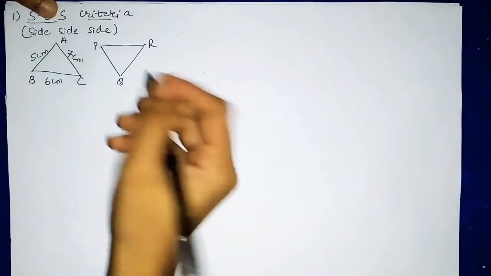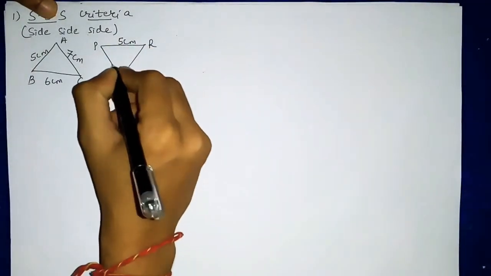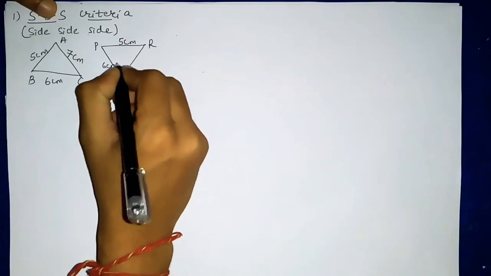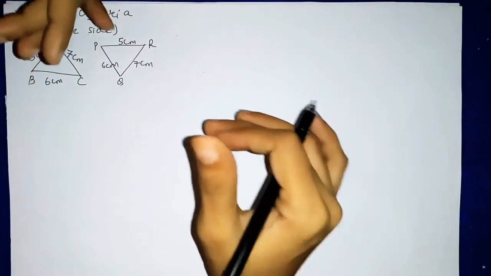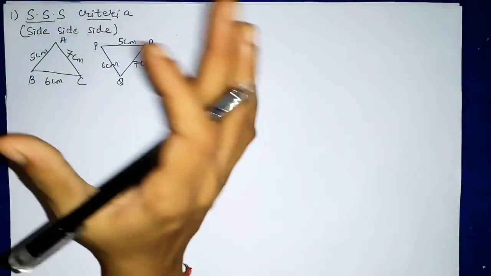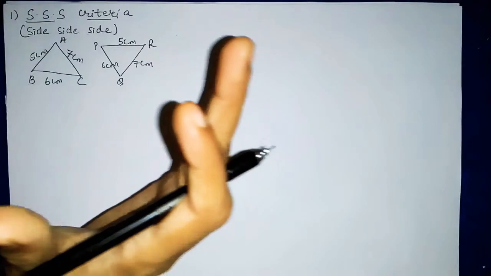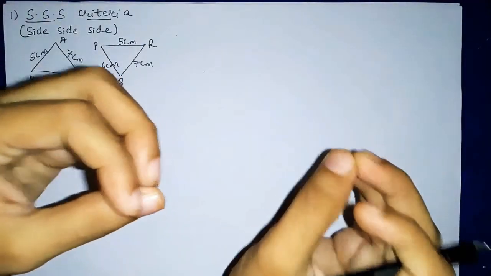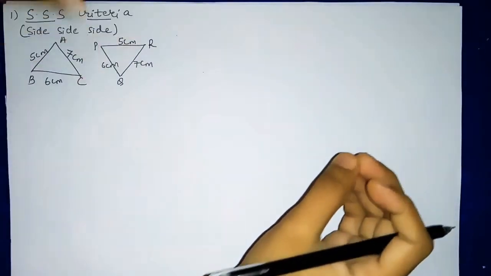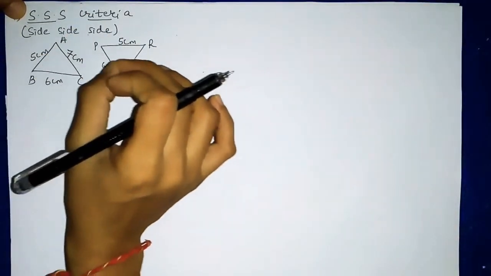Similarly this side is 5 centimeter, this is 6 centimeter, this is 7 centimeter. So triangle can be given inverted. Triangle आपको inverted दिया होगा. ऐसे भी figures दिया होगा आपको. You have to find out the proper corresponding side. कौन से side के कौन सा side equal है वो आपको you have to find out carefully by observing the figure. So first criteria is SSS, side, side, side criteria.